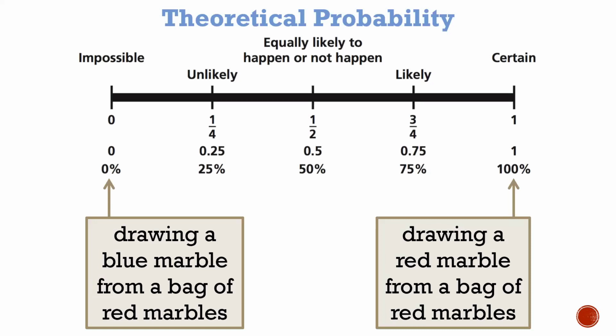Probability of drawing a red marble, assuming I'm actually drawing the marble, is certain. That is 100%, or a probability of 1. A probability of 2 or 1.5 or something would be more likely than certain. That just doesn't make any sense. That's absurd. So a probability formula will never give you an answer more than 1.